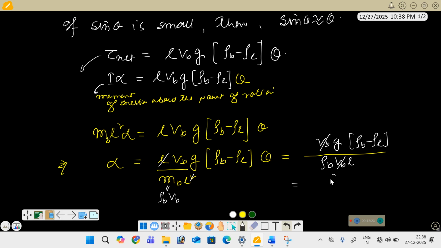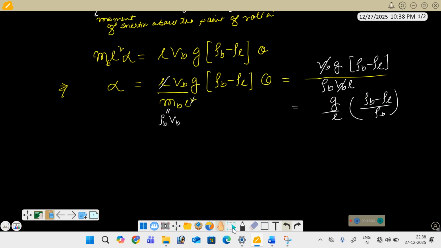So we are left with G by L into (rho b minus rho L) by rho b. Overall, we are getting alpha equal to (1 minus rho L by rho b) into G by L.